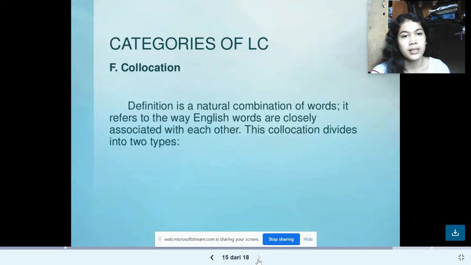And then next we have the collocation. Collocation here is a natural combination of words. It refers to the way English words are closely associated with each other. This collocation divides into two types.